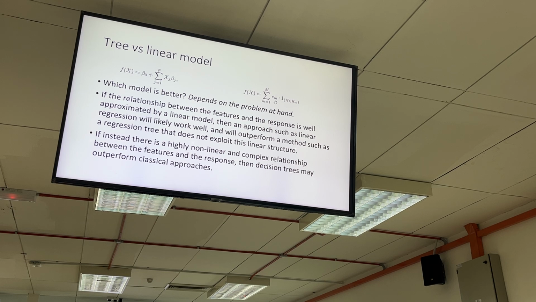However, in real life, it's very hard to find a data generating mechanism in which the relationship is actually linear. So in this case, instead of limiting to linear regression, you would want to run the regression tree.